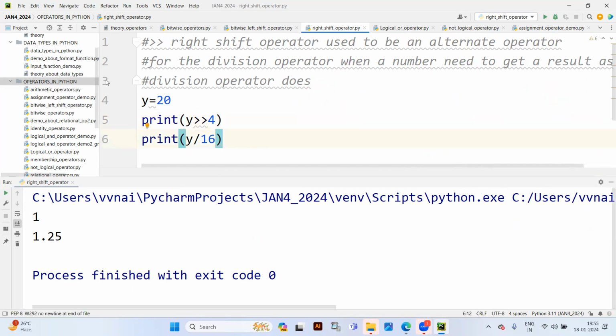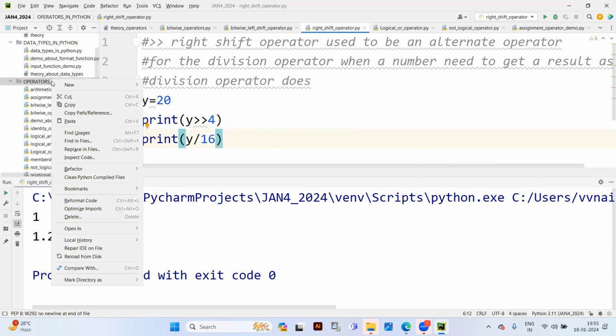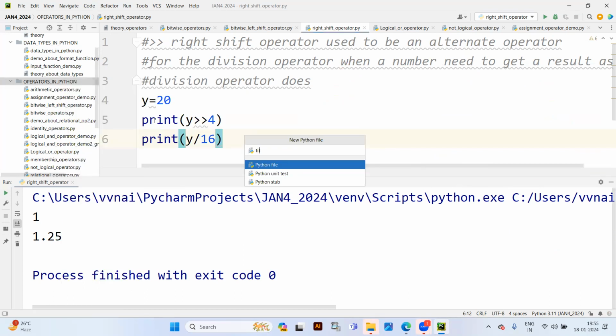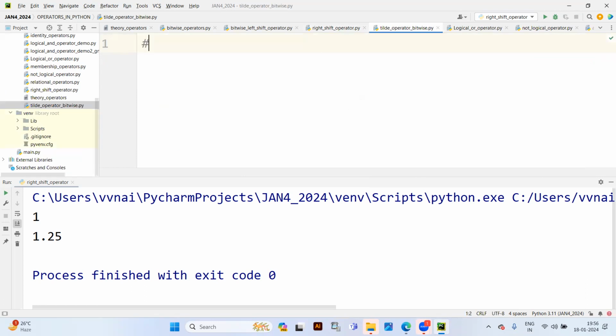Lastly, there is an operator called the tilde operator.